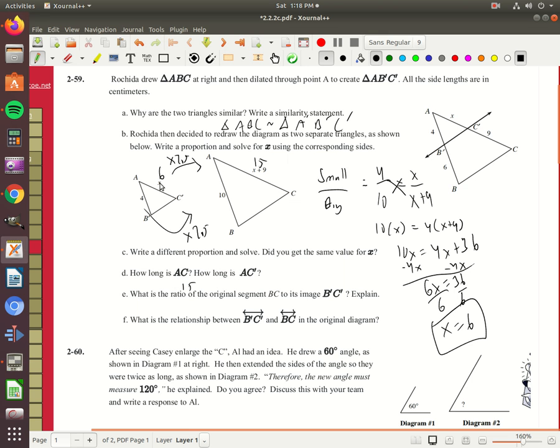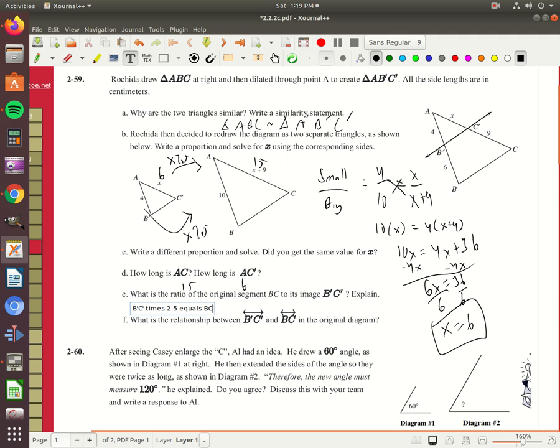AC prime is 6. What is the ratio of the original segment BC to the original segment B prime C prime? So what we're going to say is this, that we know that B prime C prime is smaller, so B prime C prime times 2.5 equals BC.